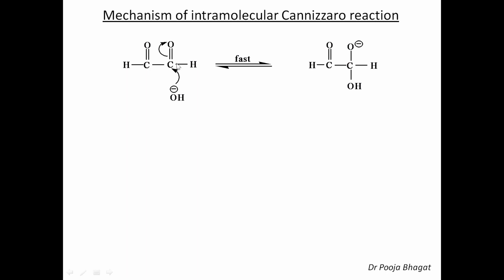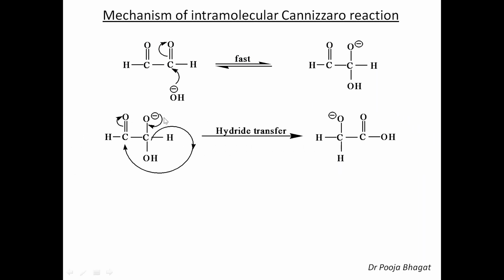Now let's discuss the mechanism. It is a symmetrical molecule, as I told you, so you can show the attack of the nucleophile OH negative on either of the carbonyl carbons. So OH negative will attack here and the pi electrons will shift towards the oxygen. So it is OH and O negative. Now, what's the next step? Hydride transfer. So O negative will come back, the negative charge will come back between carbon and oxygen, and this H goes out as hydride ion.